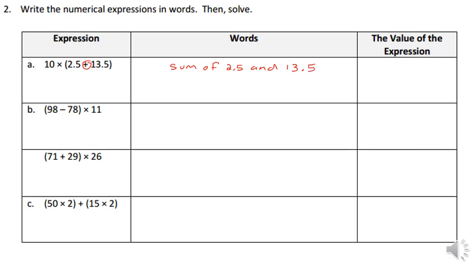Now, if you come over here, I can see I still have 10 times. So over here, I can put 10 times the sum of 2 and 5/10 and 13 and 5/10. When it says sum of, we know that we're going to be putting parentheses in that.